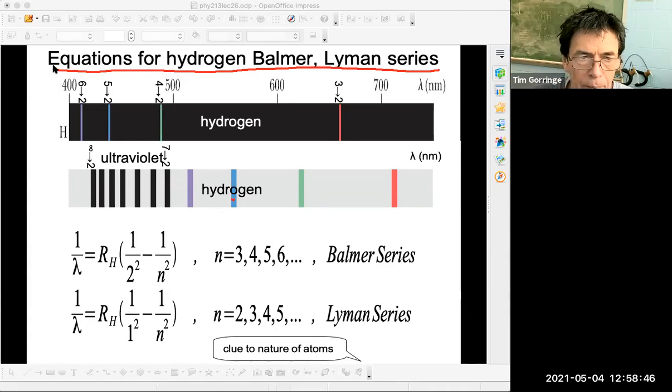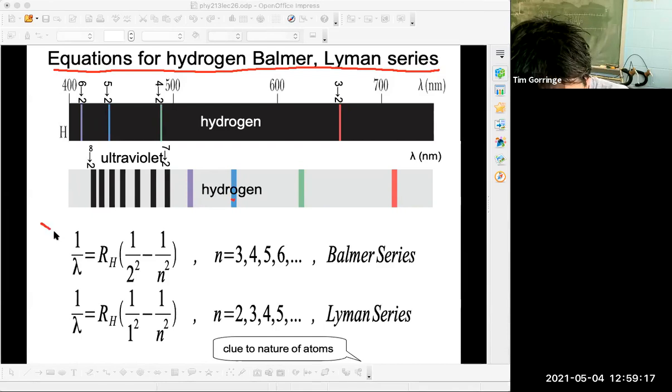If you look at the pattern of wavelengths or frequencies of light that you get from hydrogen, there was a mathematical pattern to those wavelengths or frequencies, and you were able to write down equations, formulas for those wavelengths or frequencies. Those formulas for the frequencies and the wavelengths from hydrogen, I've listed some of them down here.